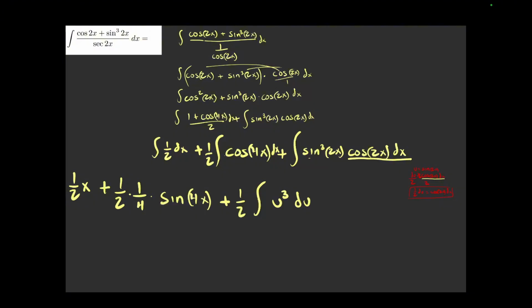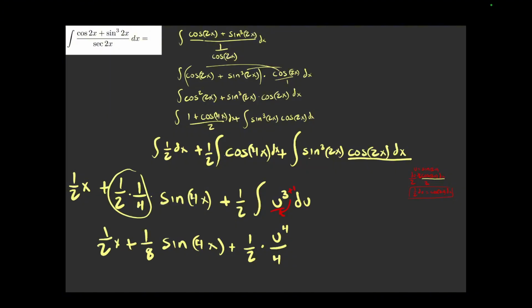If we do the integral of that, it's basically u to the 4th, because we're adding 1, times 1/2. Basically just rewriting everything. So we're going to simplify this. It's 1 over 8 u to the 4th plus 1/2 x.